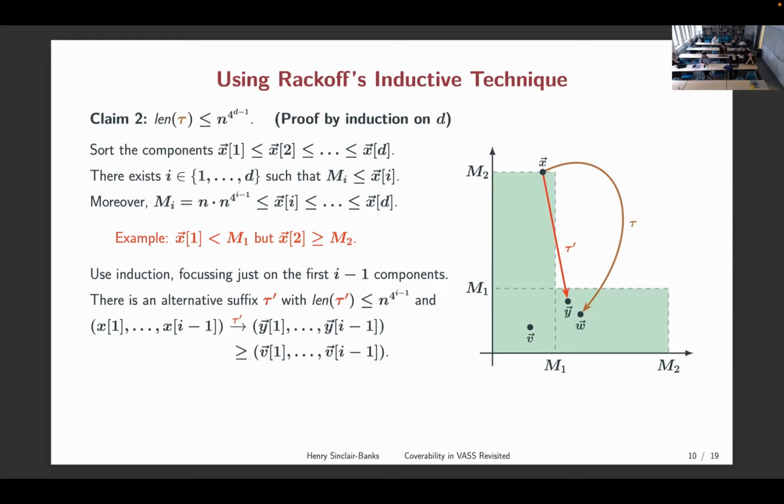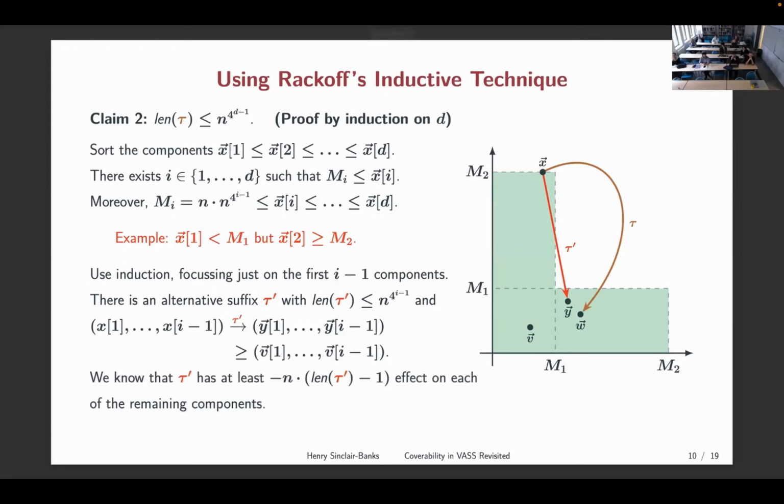It starts at x1 through xi, just on the first i components, and reaches some configuration, which might not be the same one, some y, for which y1 through y(i minus 1) are at least the target b. This picture is a little bit suspect; you can imagine it is just for the first i minus 1 components. And indeed, it's at least b.